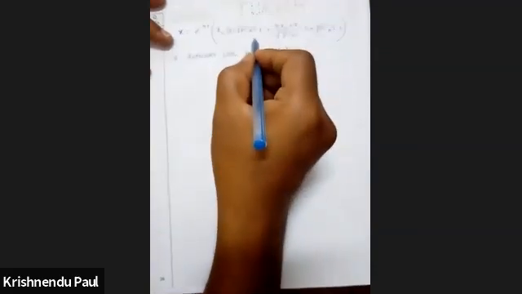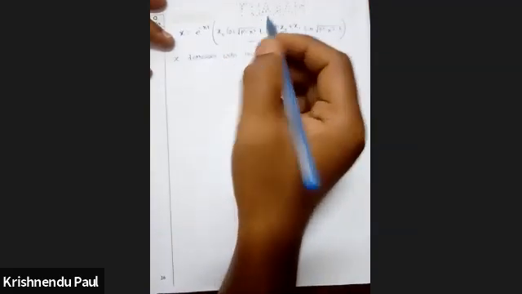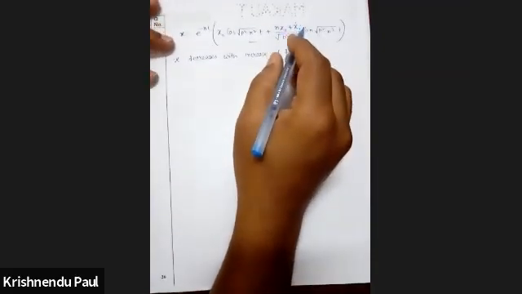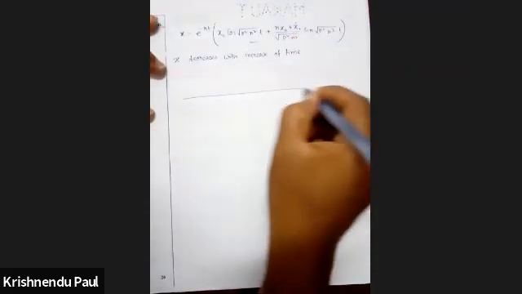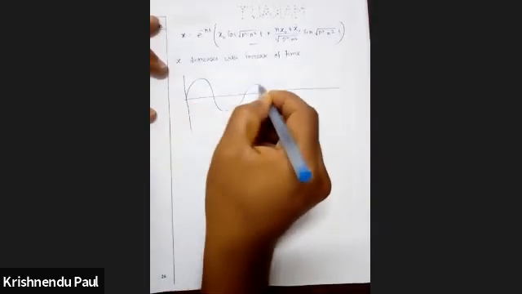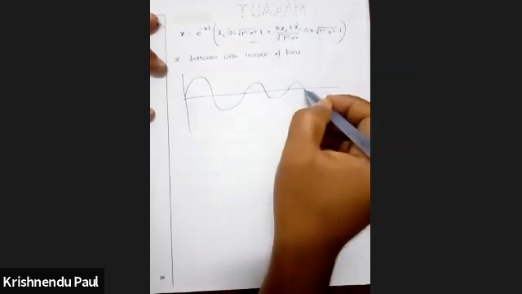Because it is an oscillatory motion, in each cycle the maximum amplitude will reduce. So that's why the curve will look like this.